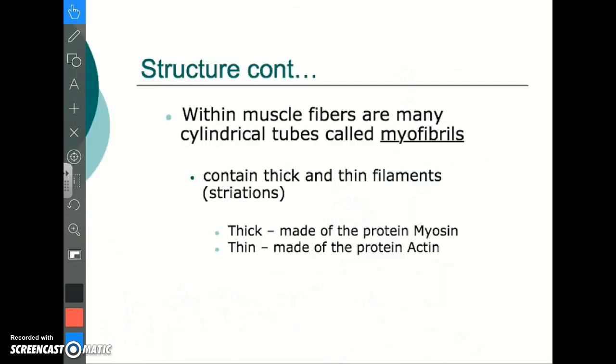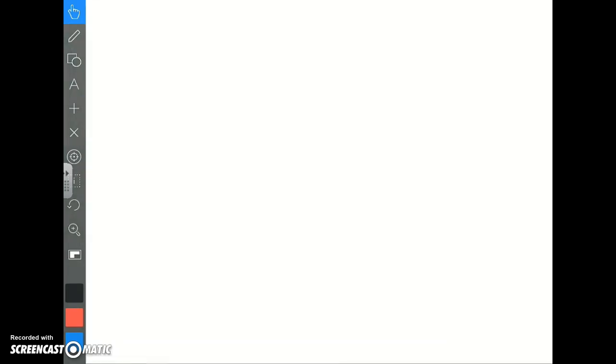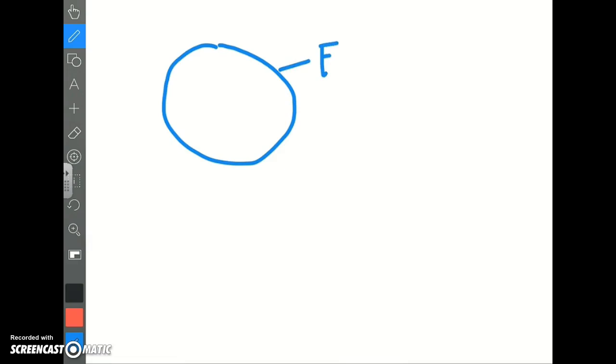So if we take a look at, let's do this, get a brand new slide in here. If we're working our way down, we have a circle layer. I'm just going to look at a front layer, and say this is the fascia. Just below that we have another layer that's in conjunction with it but still surrounds the whole muscle.